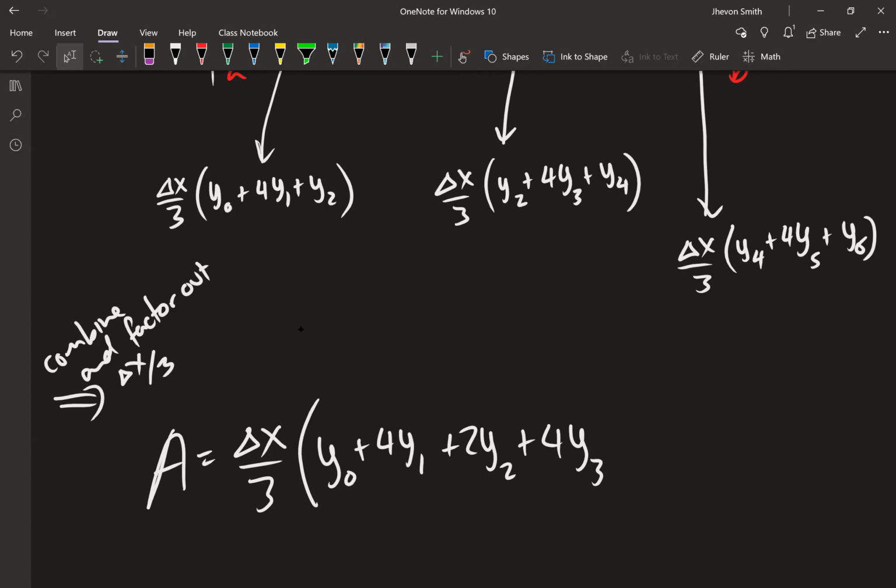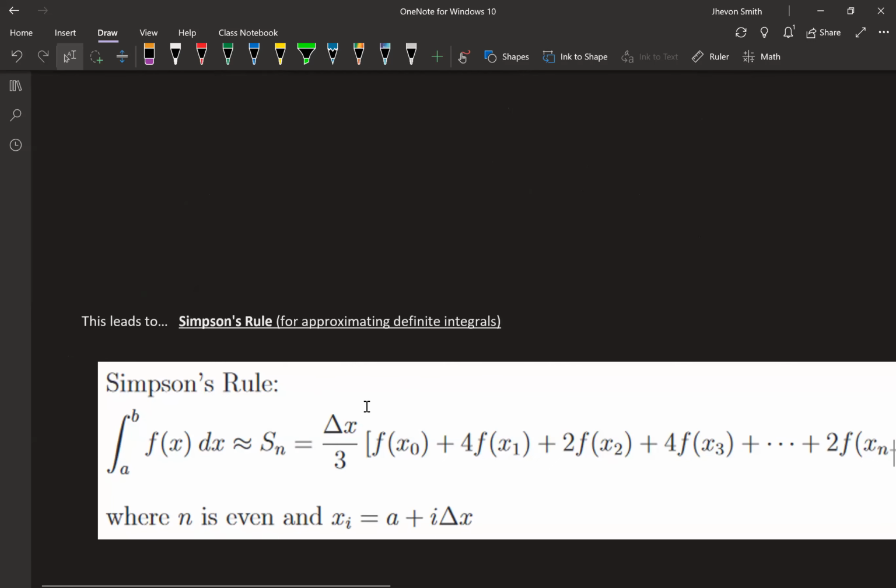Then you have 4y3 plus 2y4. Then you have 4y5 plus 2 and so on. Notice here, now there's an alternation of 4s and 2s, starting with the second guy. This leads us to Simpson's Rule.